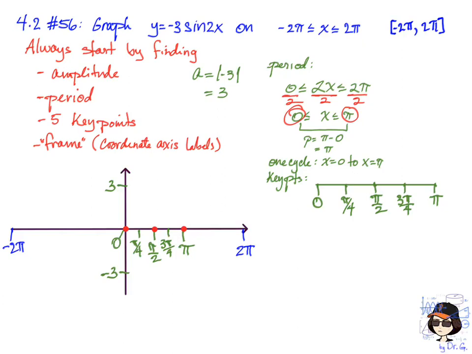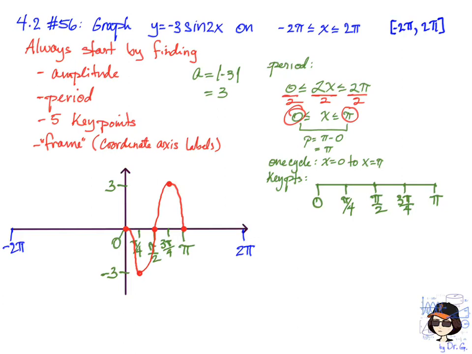But then, multiplying that by negative 3, I get negative 3 times positive 1, which is negative 3. So for pi over 4, the point is down here, negative 3. And that means for 3 pi over 4, it's going to be up there, positive 3. And then I just connect those, and there's one cycle.